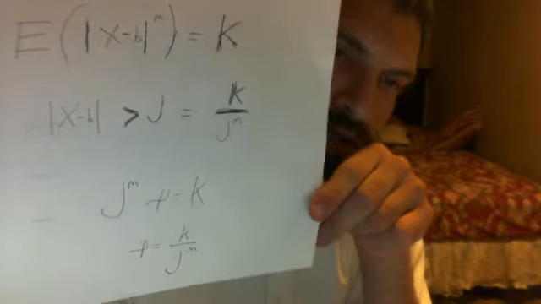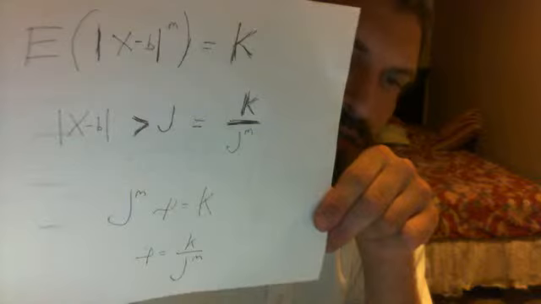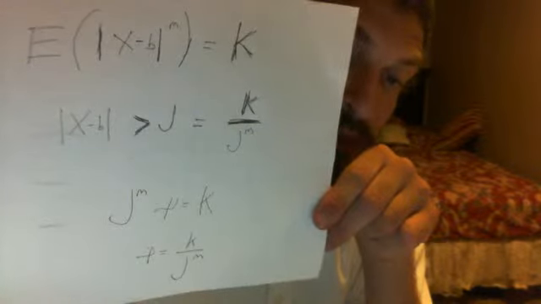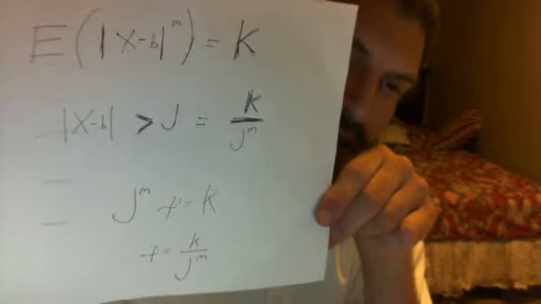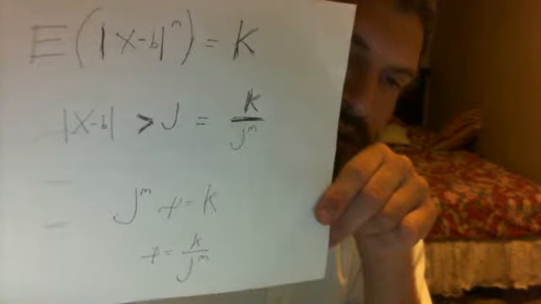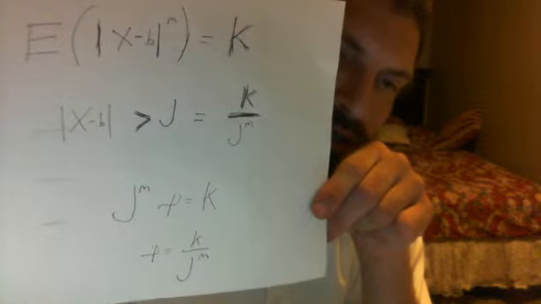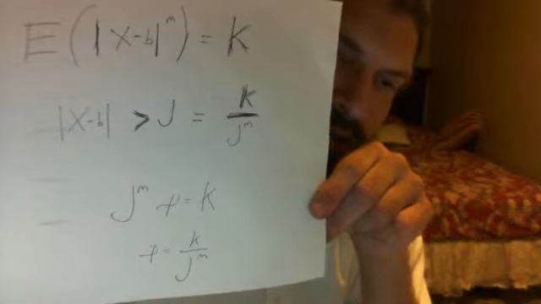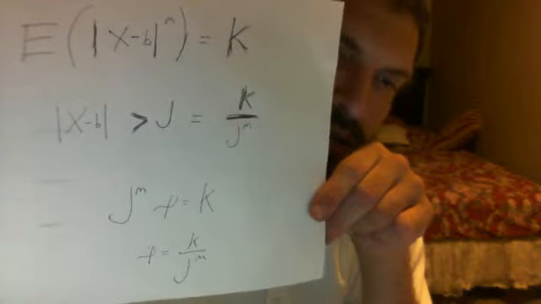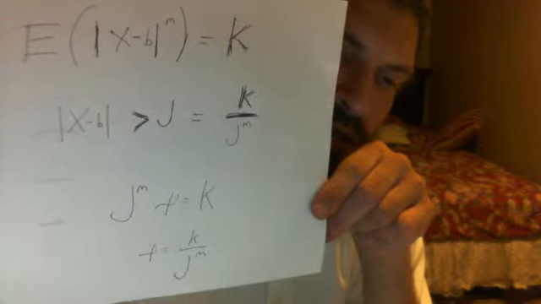So it's like telling us, if we tell you that E of x minus b to the mth power is nothing more than k, it's only k, then beware, do not give j a very high percent, because if you will, then j to the mth power times something will be greater than k.